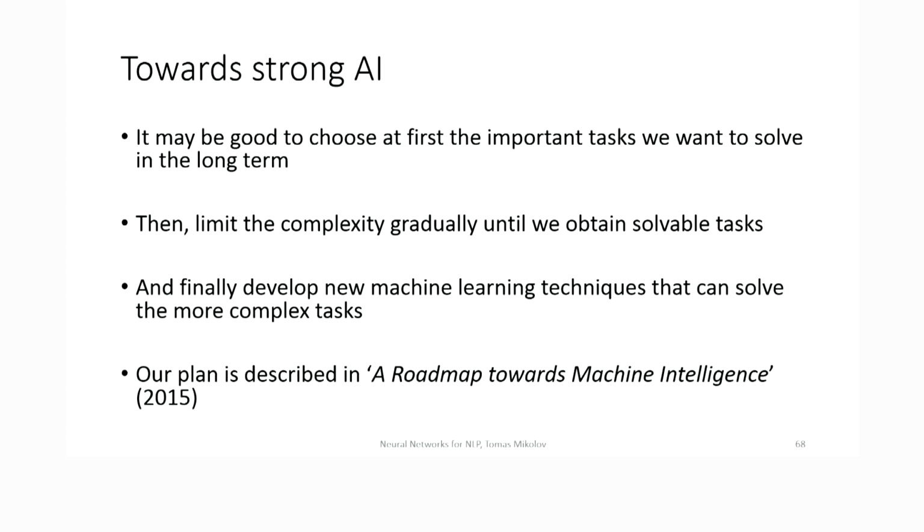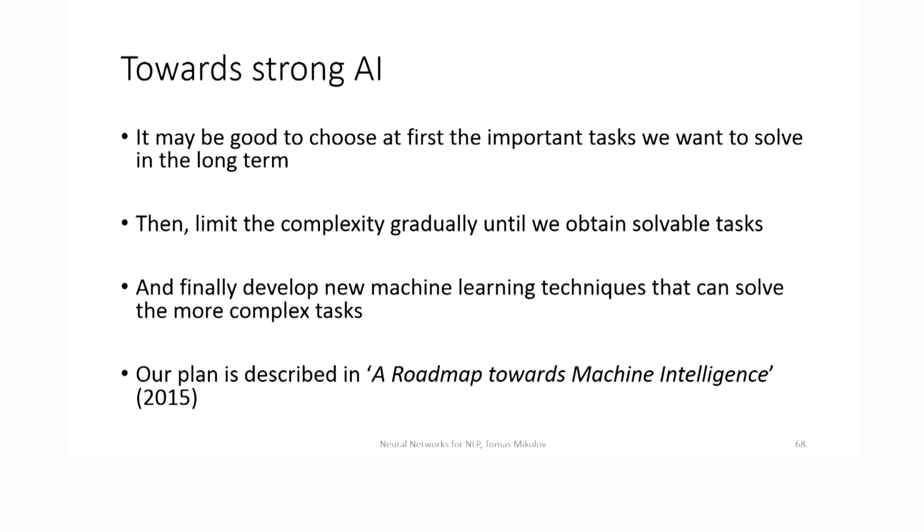We wanted to have very interesting and important tasks that we want to solve in the future without being influenced by the model that we are proposing at the same time. So we wanted to propose a plan for how we can develop these intelligent communication agents without thinking at all about deep learning or stack RNNs, but just thinking about how we should progress and how we should structure the problems and the tasks that we are working on, so that we have a hope of developing real strong AI.